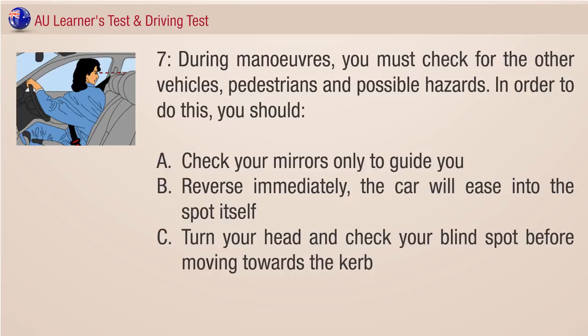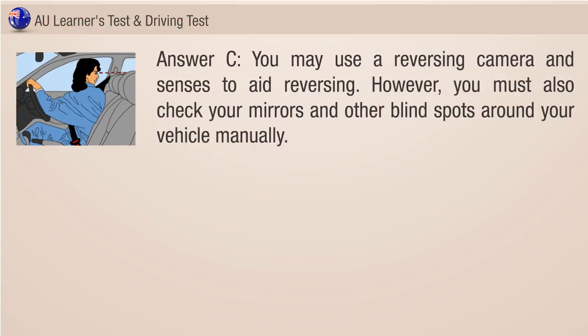C. Turn your head and check your blind spot before moving towards the curb. Answer C. You may use a reversing camera and sensors to aid reversing. However, you must also check your mirrors and other blind spots around your vehicle manually.